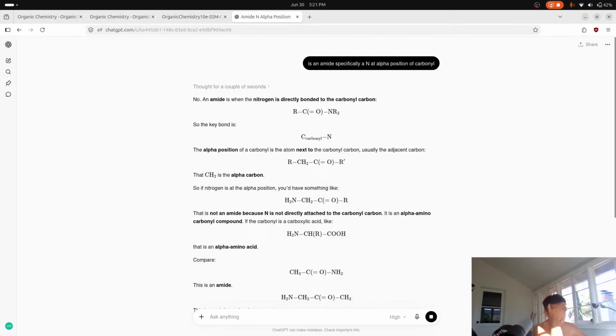I was confused. An amide is when a nitrogen is directly bonded to the carbonyl.